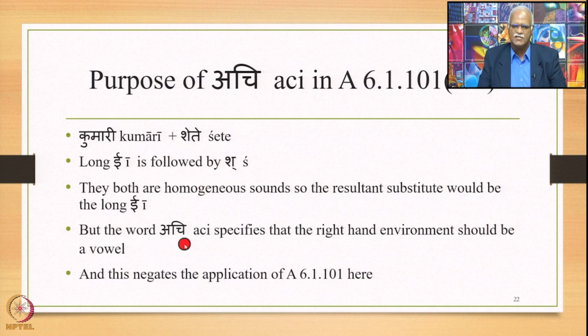So, the word aci specifies that the right hand environment should be a savarna vowel, and this is not the case over here. And therefore, 6.1.101 does not apply, because sh is not a vowel even though it is savarna with long i.